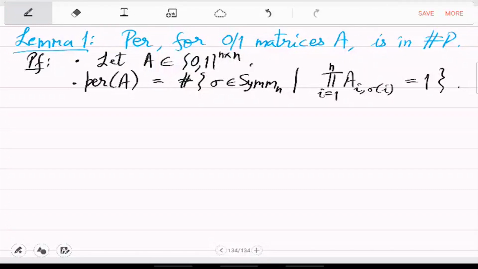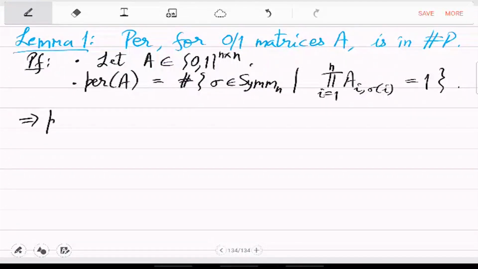So if you look at it in this way, then you see that this can be solved by a polytime NDTM, where the number of accepting paths is the number of these sigmas.